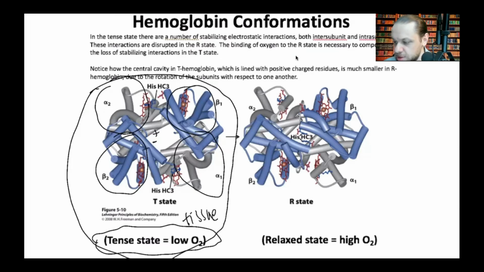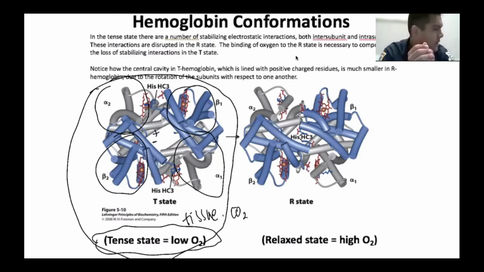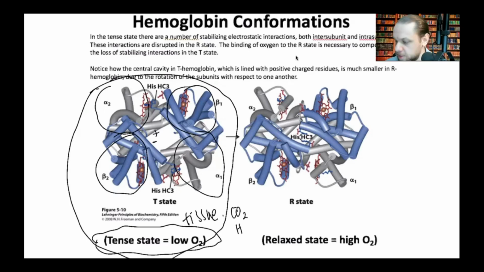Why does it occur in the tissues? Because in the tissues, we have a buildup of CO2 and hydrogen, acidosis, lactic acid. All those factors essentially stabilize the charges in the tense state, and oxygen will offload and will not want to bind.